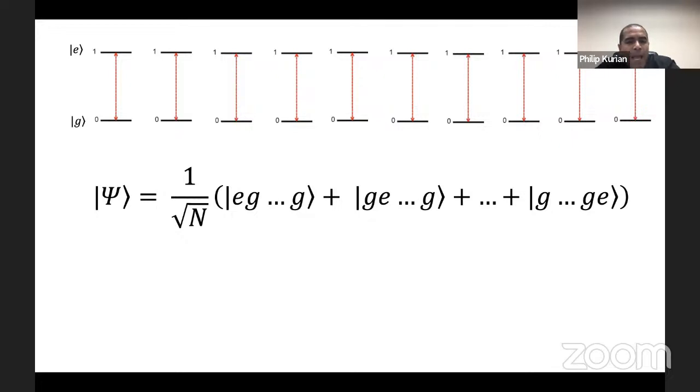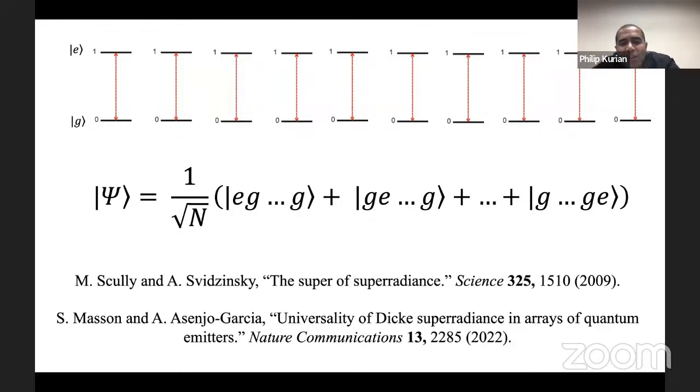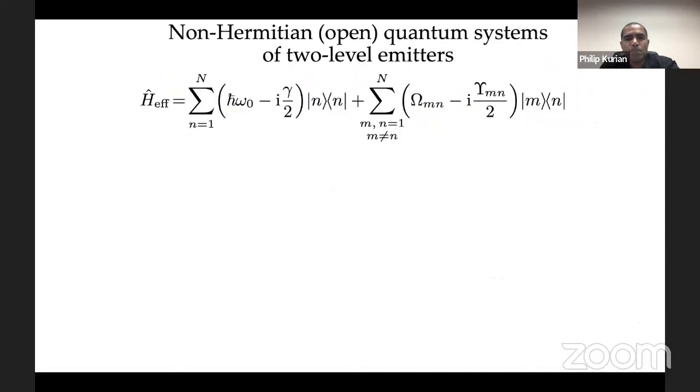And this is what's called the single excitation manifold. And that's also exactly solvable under certain assumptions. And so this has actually been well documented in high-profile publications by Martin Scully's group, as well as Asenjo Garcia's group more recently in Nature Communications.